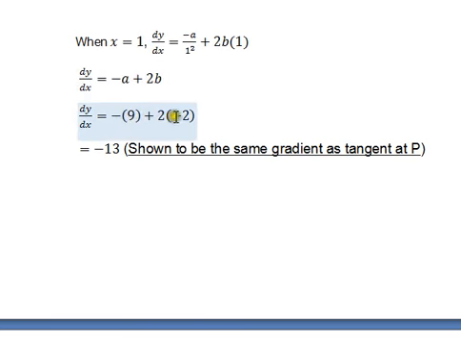And we also substitute the values of a and b, which we just found, into the equation. We'll get negative 9 plus 2 times minus 2. We get minus 13. Now this is exactly what we're given in the question, to show that it has the same gradient.